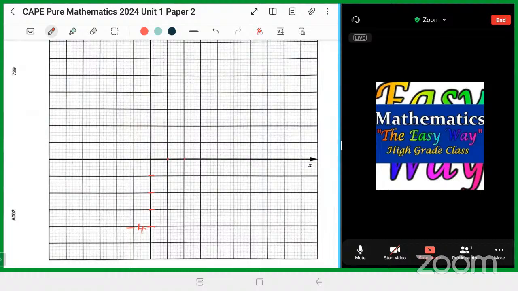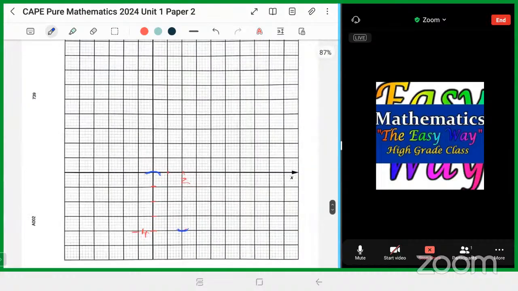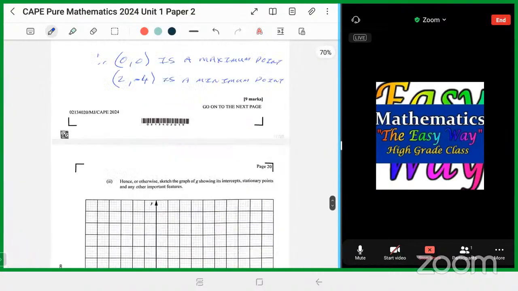1, 2. 1, 2. All right. So we know that it turns here. It also passes through the origin. So it turns here at the origin, a maximum, and then turns to a minimum down here. Where does it cross the x-axis?